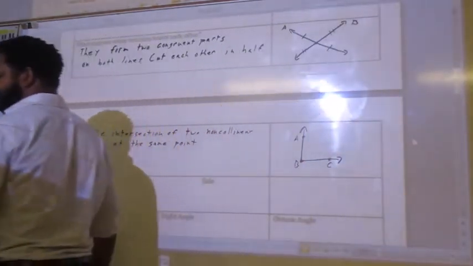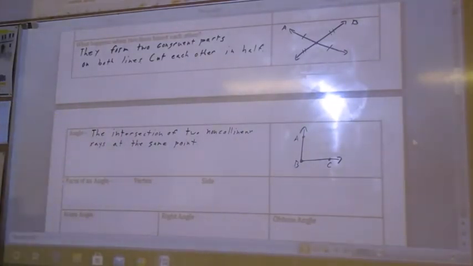Parts of an angle. You have two parts of an angle. You have the vertex and then the sides. Vertex.